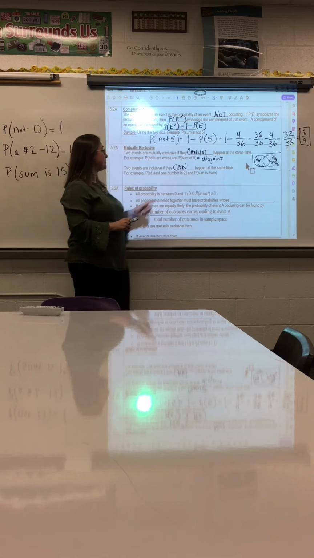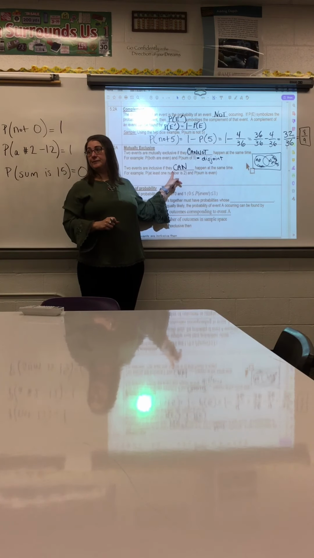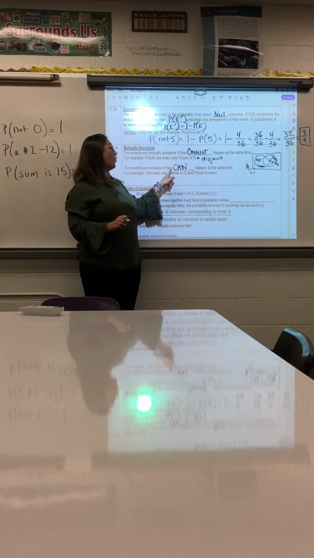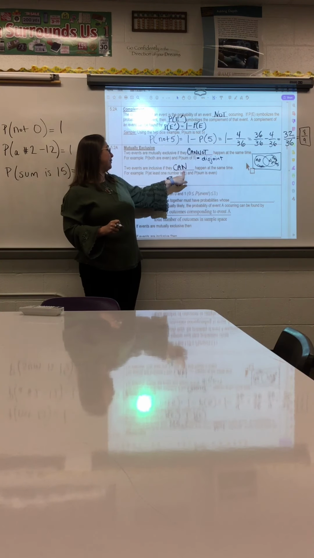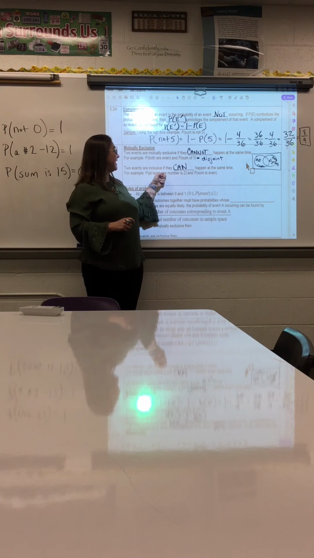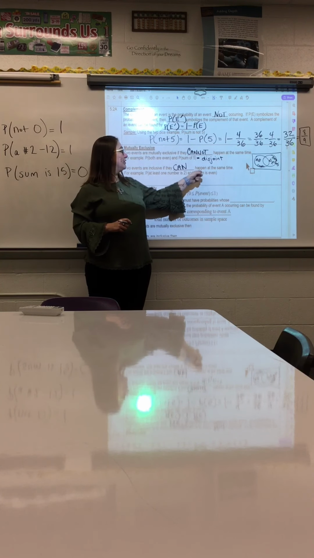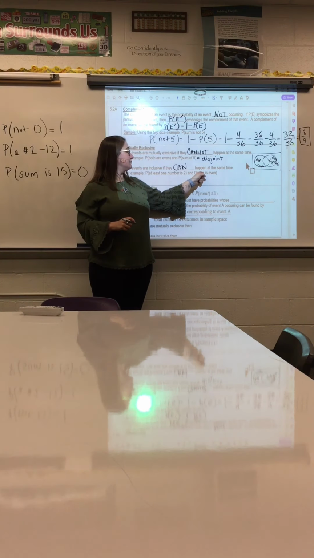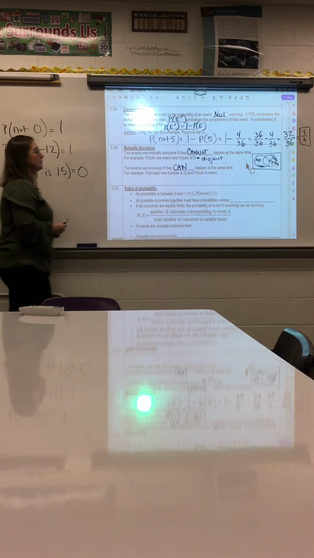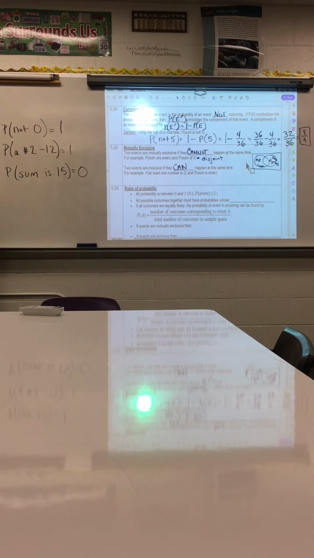Does it always have to happen at the same time? Because then you have 2 and 3 as well. Yeah, so it doesn't always have to, but it can happen. So we can have a number of 2, and it is even. 2 plus 1 is 3.